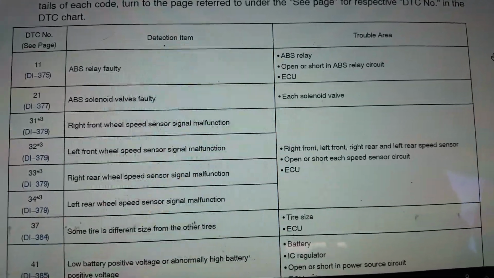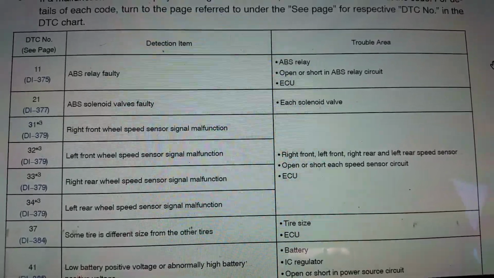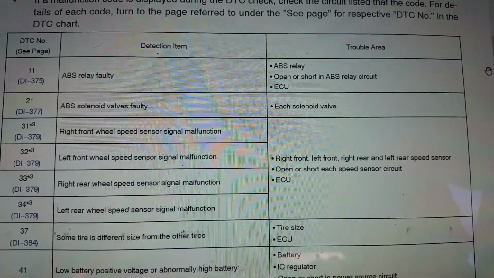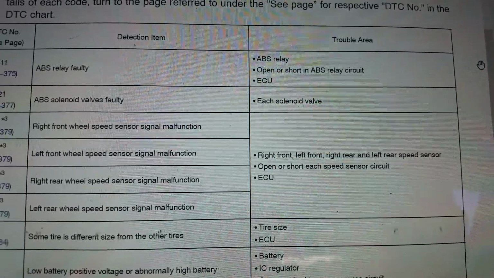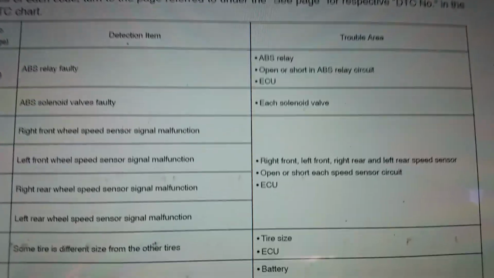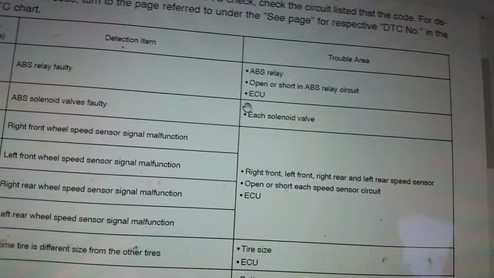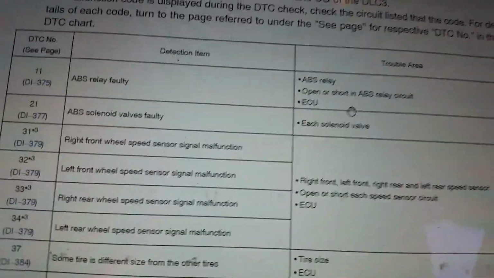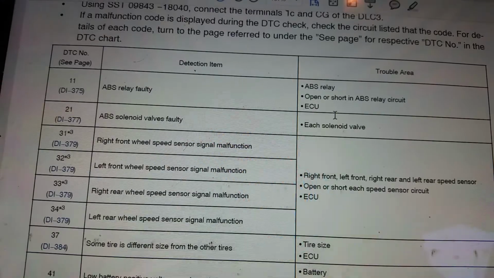11 being an ABS relay faulty may mean the relay, it may be an open or short in the ABS relay or circuit. So the relay or the circuit, that could be the wiring anywhere between the module and where the relay is located, or it could be the ECU. And we're not talking the engine control unit, we're talking electronic control unit, which would be the ABS module in this case, or Toyota calls it the skid control ECU.